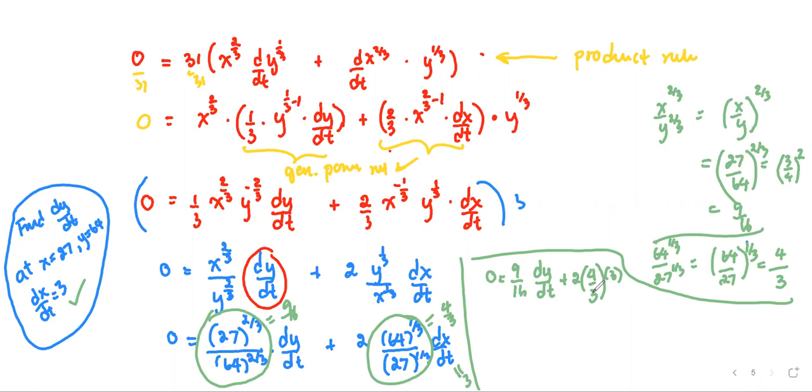I can simplify a little bit more. 3 and 3 reduce. So I have 0 equals 9 over 16 times dy by dt plus 8. Recall, my goal is to find dy by dt. So I'm going to solve for dy by dt. Subtract 8 from both sides.